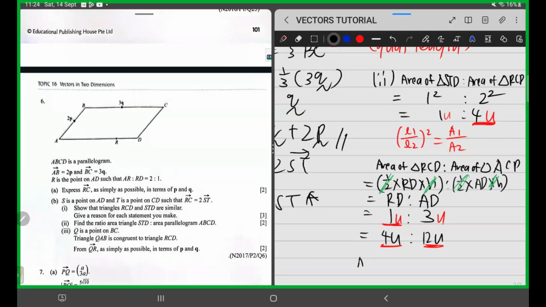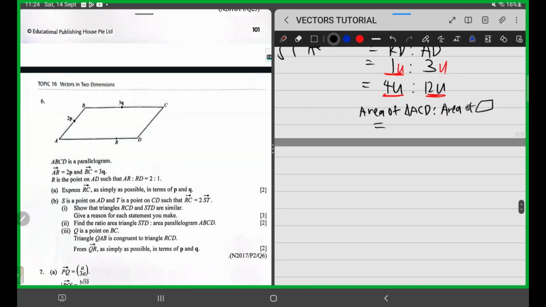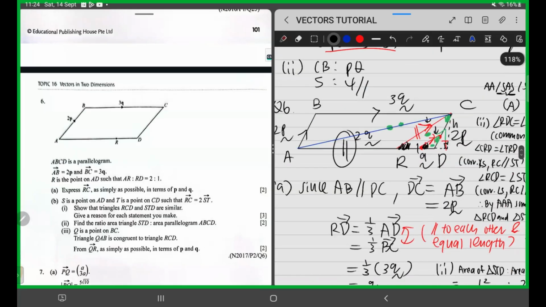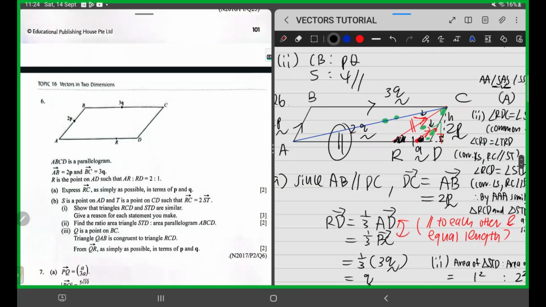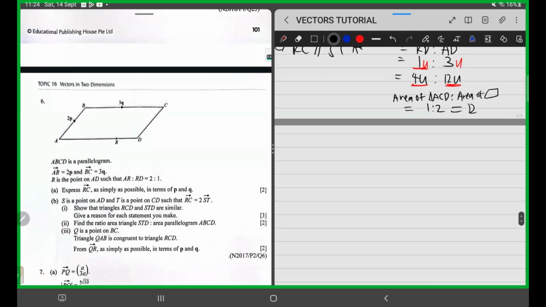And we know that area of triangle ACD to the area of the entire parallelogram is 1:2, right? Because ACD is half of the entire parallelogram. Therefore, this means that it's also 12 units to 24 units.